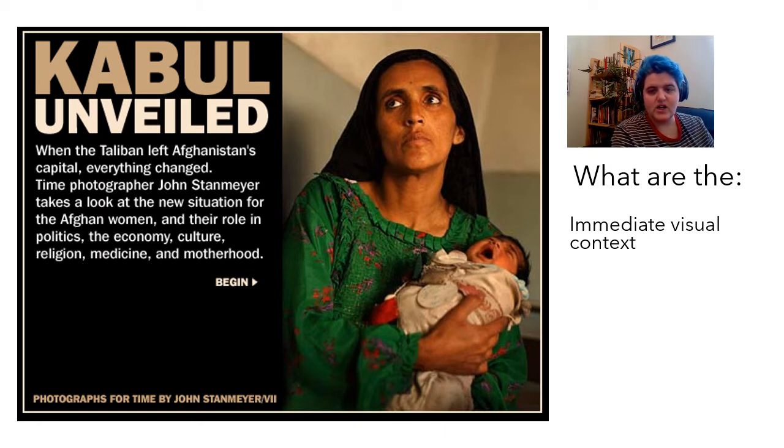We see here what appears to be a woman, perhaps a mother. She is holding a baby. The baby has its mouth open and its eyes closed. The mother is wearing a piece of clothing that has a lot of embroidery on it.